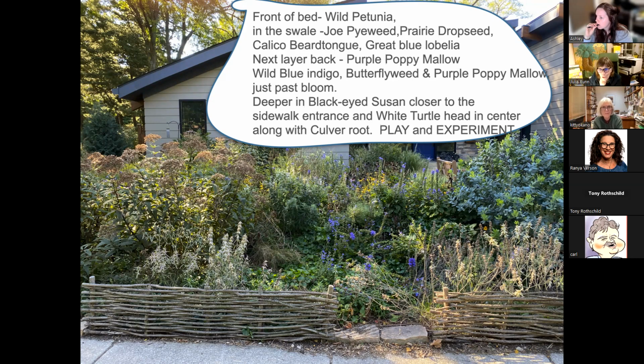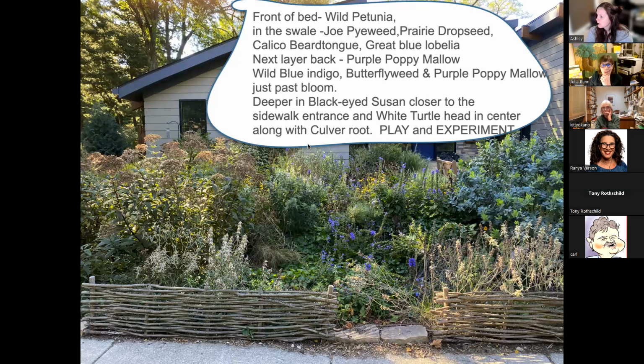Earlier in the season, right here, we had a big patch of the orange butterfly weed, which has now gone dormant and had some seed heads in here, I think. And then the Calaroe, which we also have for sale, really looks nice with that. I don't think I have that slide in here today, but all of these plants can be played with together.